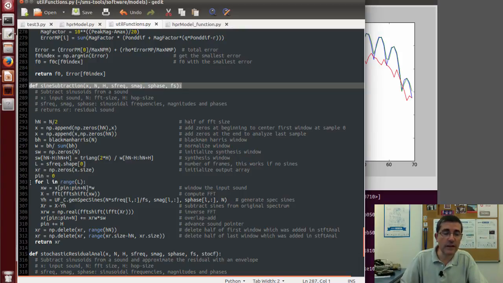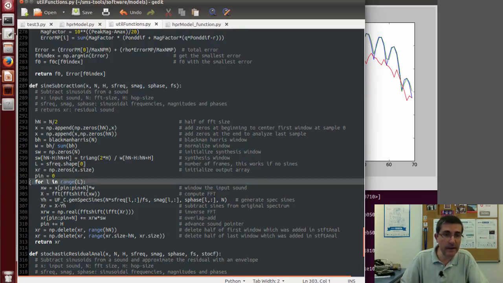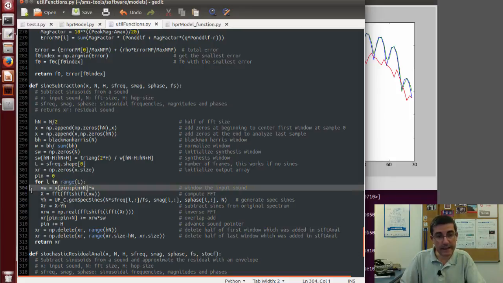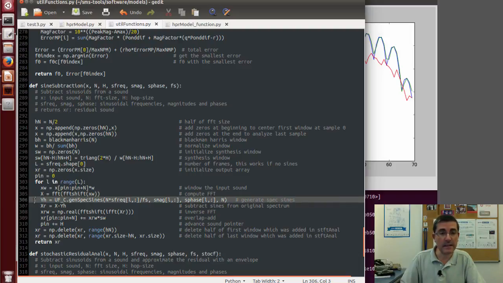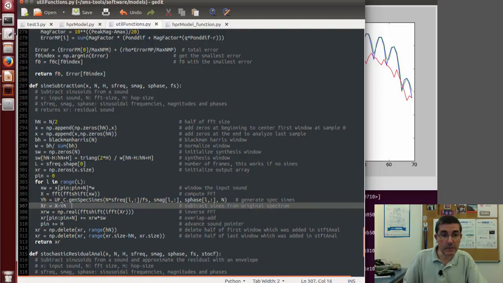So the sinusoids have already been identified, so here it iterates over all the analyzed frames, and then it reads again a fragment of the input sound, it recomputes the input sound with this window, with the Blackman-Harris window, and then it synthesizes the harmonics with this Blackman main lobe, and then is able to subtract the harmonics from the input sound.